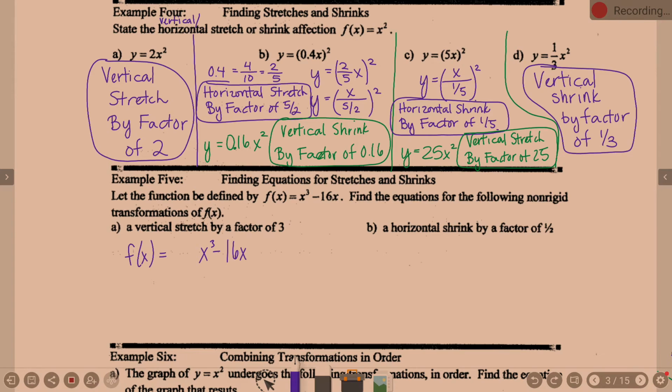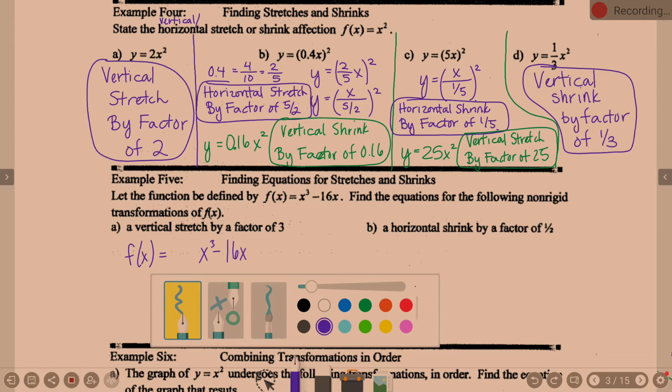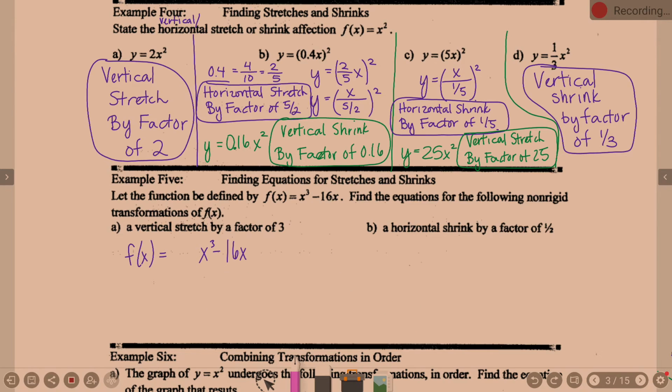Put the 3 up front. When we put that 3 out front, what operation are we officially doing? Multiplying, right? So I'm looking for the basic multiplication.